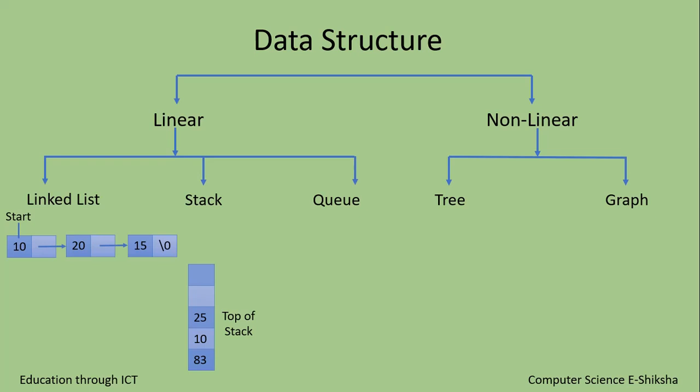So whichever data is inserted will be inserted at the top, and the data which we need to delete will be deleted from the top. That is, the last element we insert will get processed first. So it is also known as a last in, first out data structure. We are definitely going to go deep into stack in the second unit.